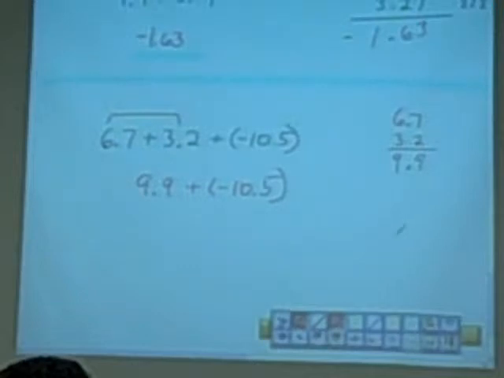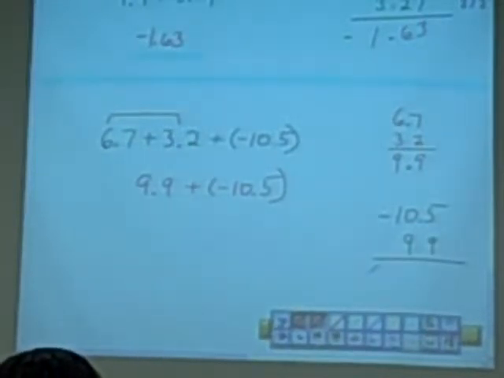So now what are we doing? Adding or subtracting? Subtracting. So you want to ask yourself that question, because now we want to subtract. We've got negative 10.5 and a positive 9.9. So our answer is going to be positive or negative? It's going to be negative, right?